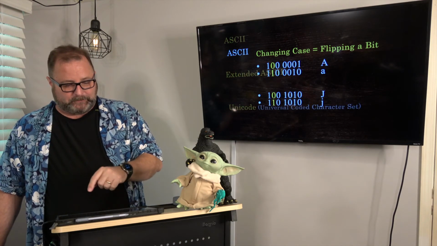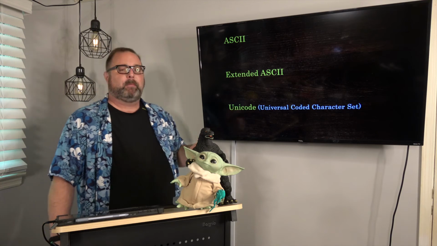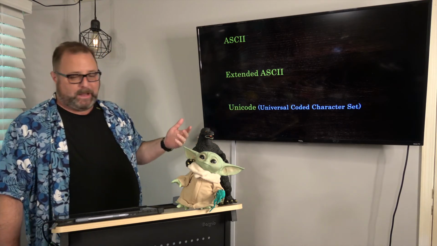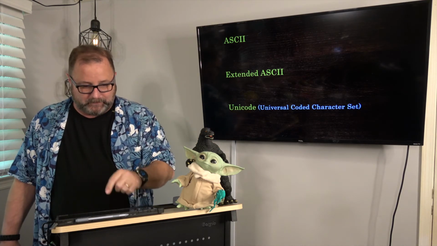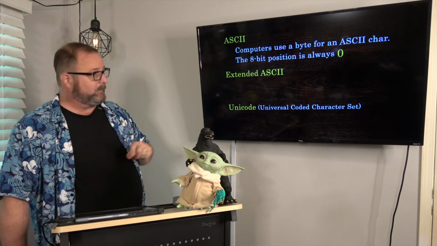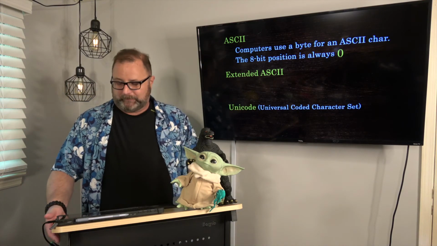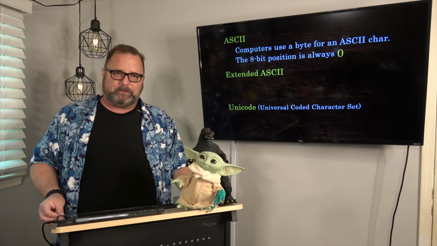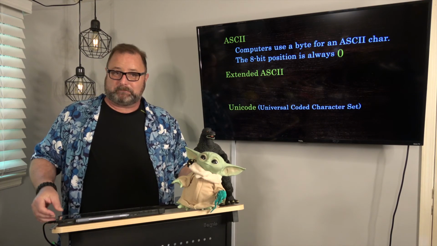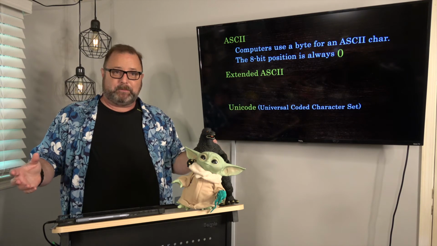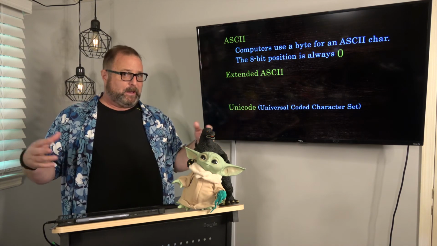So, let's look at where we've come from baseline ASCII. Well, ASCII basically gave us 7 positions, and the 8th bit was always a 0. Well, it didn't take very long for somebody to say, hey, what about that extra bit? Why don't we use it and let's get some more characters out of this, right? Because, I mean, there's other languages out there too.